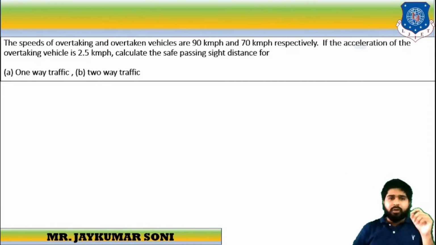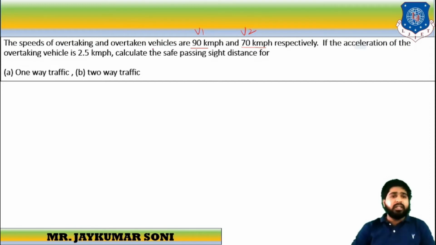The speeds of overtaking and overtaken vehicles are 90 kmph and 70 kmph respectively. See, this is V1 and V2, and this vehicle has a speed lesser than the other vehicle, so this will be the overtaken vehicle. This will be the overtaking vehicle.